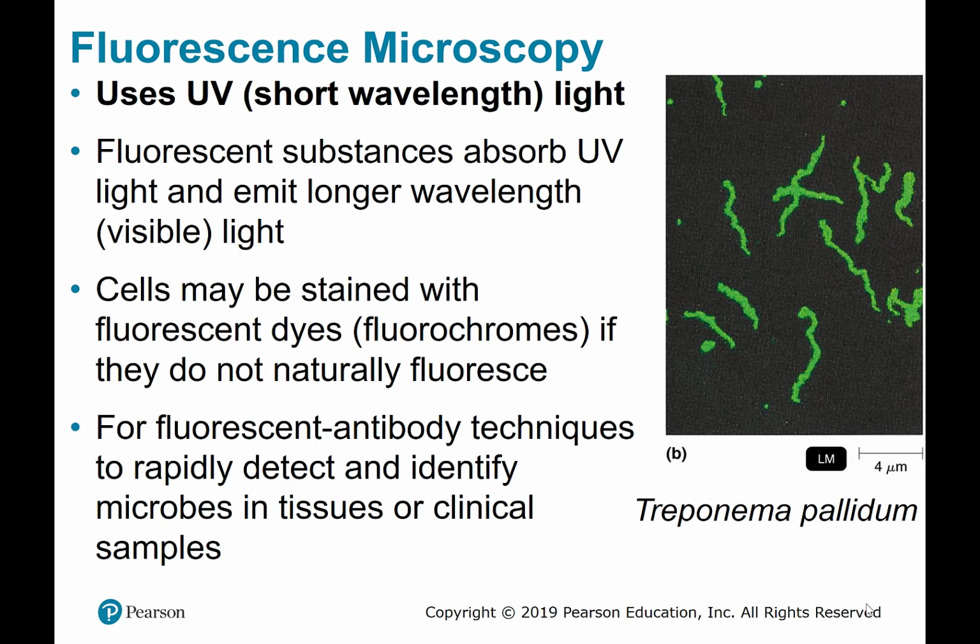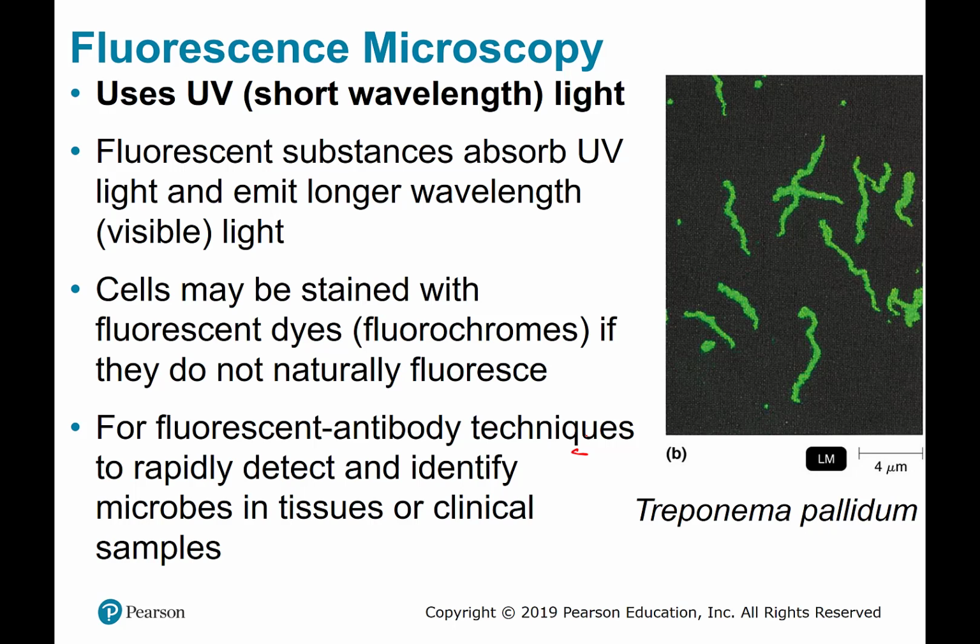So in addition to just fluorescent microscopy, you also have fluorescent antibody techniques. These are also known as immunofluorescence or immunofluorescent techniques. And with this type of technique, you're going to use antibodies that have a fluorescent molecule attached to that antibody. So that antibody is going to bind to specific antigens on the surface of a specific microbe that you are targeting.